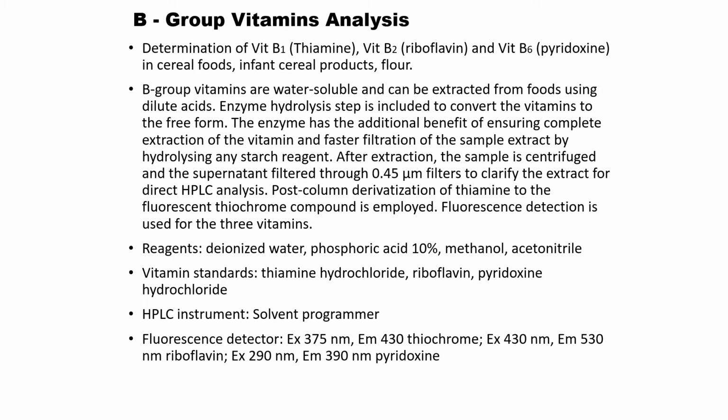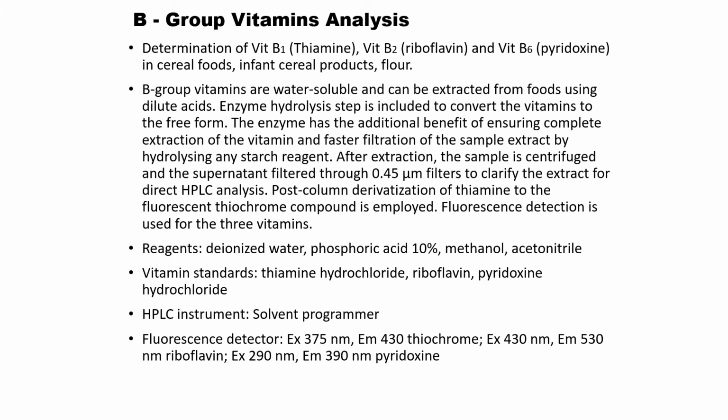So class, as for the determination of vitamin B1 thiamine, B2 riboflavin, and B6 pyridoxine in cereal foods, infant cereal products, flour. The B group vitamins are water soluble and can be extracted from food using dilute acids. Basically, class, an enzyme hydrolysis step is included to convert the vitamins to the free forms.